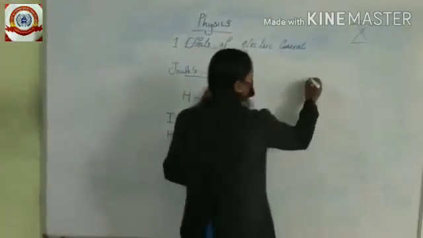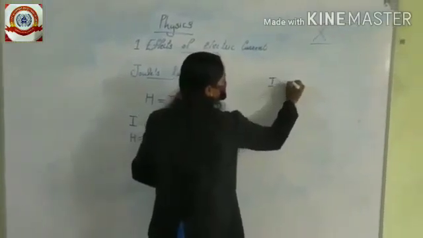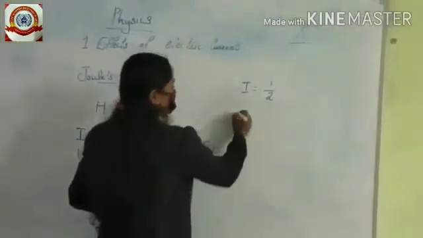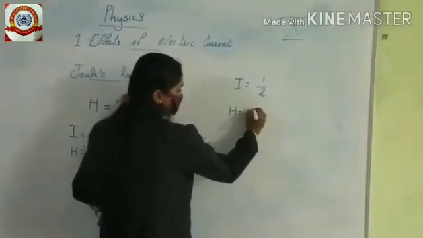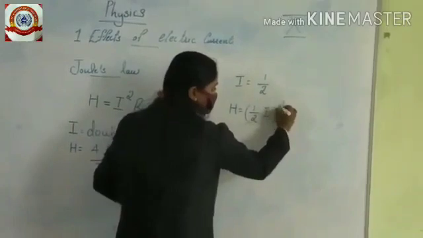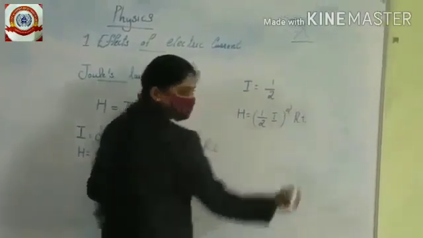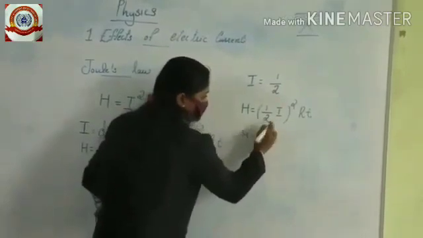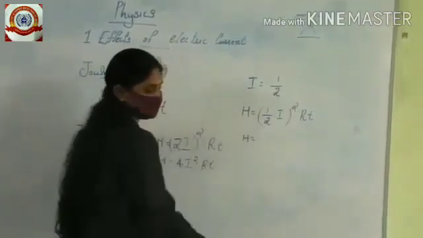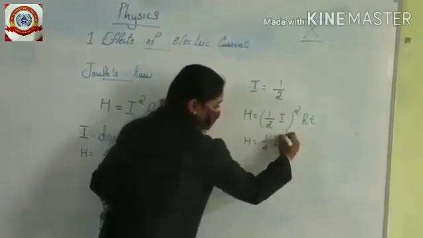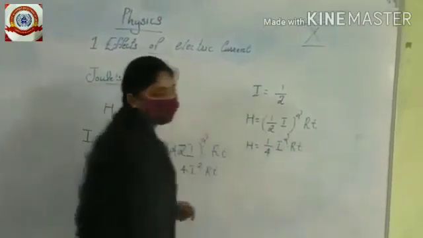The second one is that if the current is halved, that is I equals 1 by 2, then the heat generated will be H equals 1 by 2 I the whole square RT. 1 by 2 the whole square means 1 by 4 I square RT.